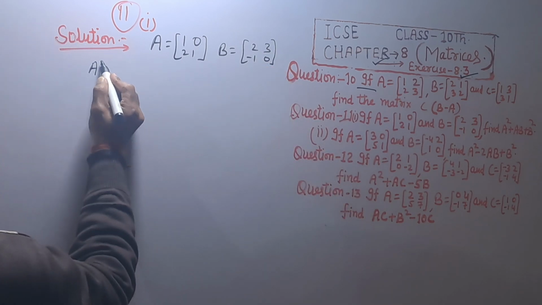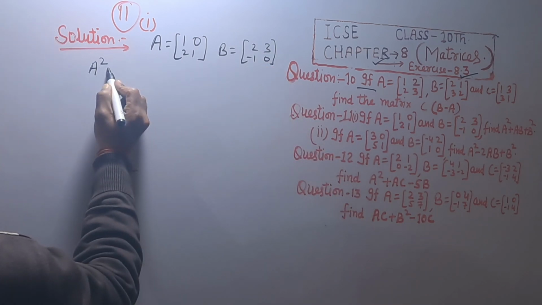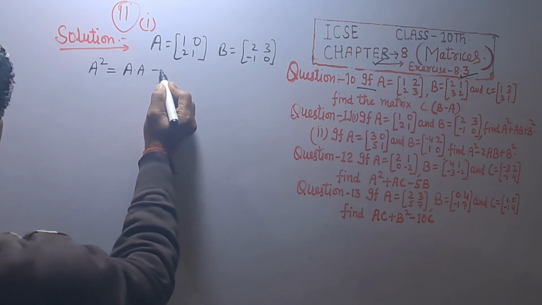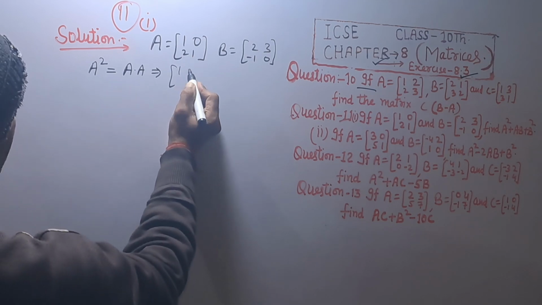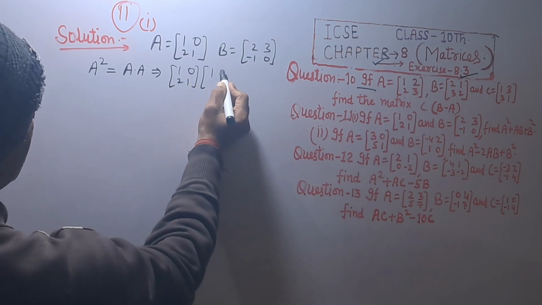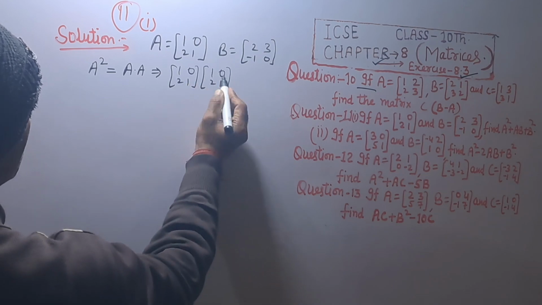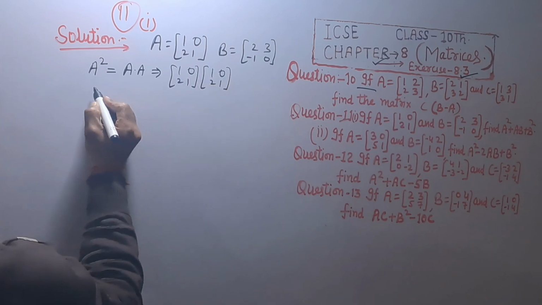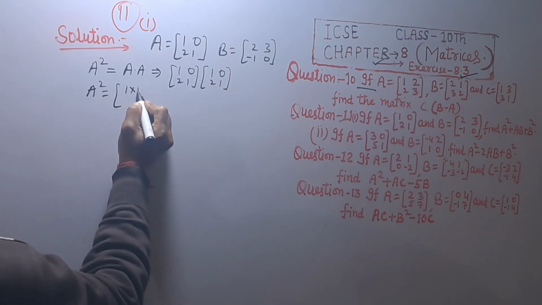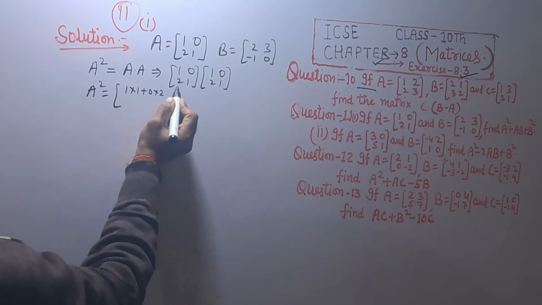First we find A square, equal to A into A, which implies [1, 0; 2, 1] into [1, 0; 2, 1]. First row, first column: A square is equal to 1 into 1 plus 0 into 2.